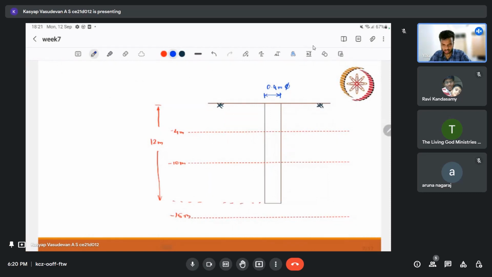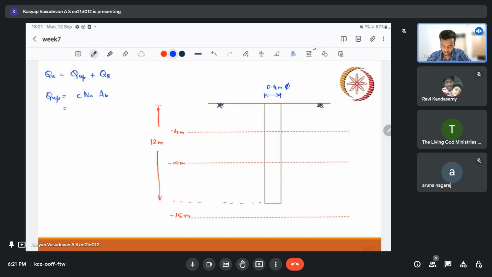So let's first deal with this. Our basic equation, as I told you before, is Qp plus Qs. Let's start with our Qup, our bearing term. That is nothing but Cu Nc Ab.